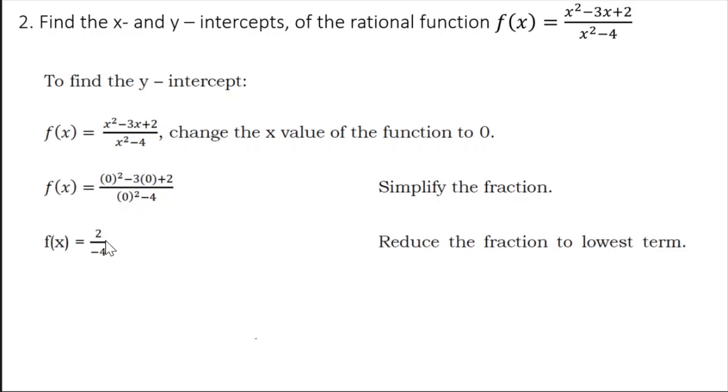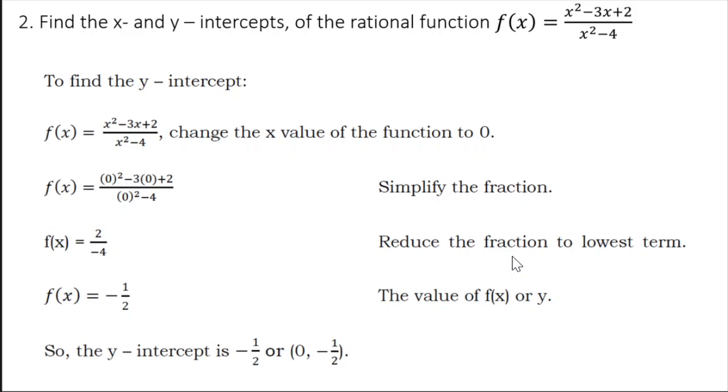So positive 2 over negative 4. Then reduce the function to lowest term. We have negative 1/2. So this is the value of our function, or the f of x, or our y.